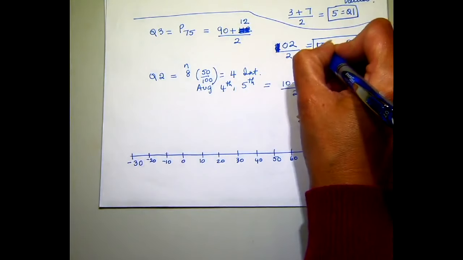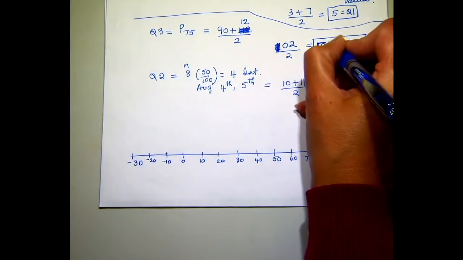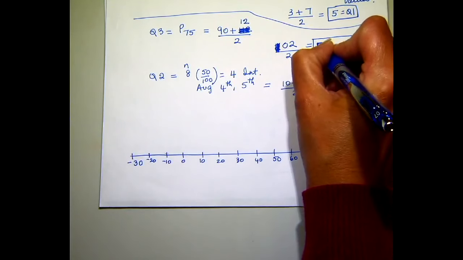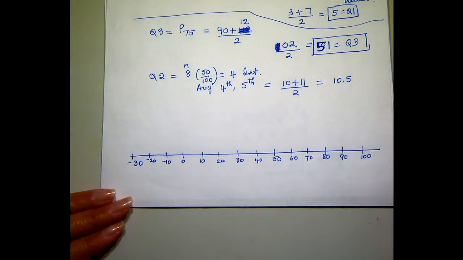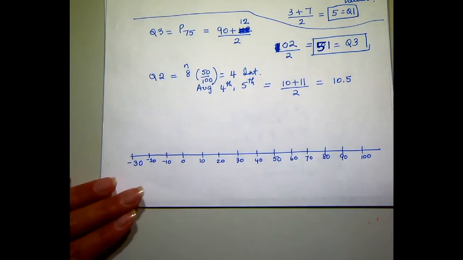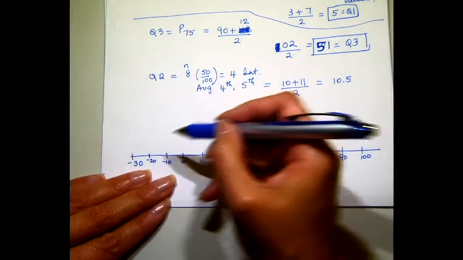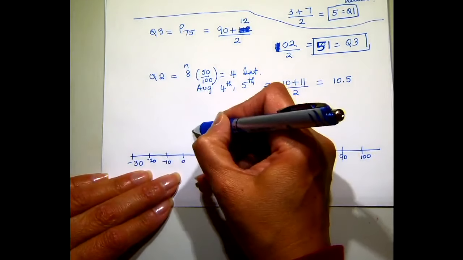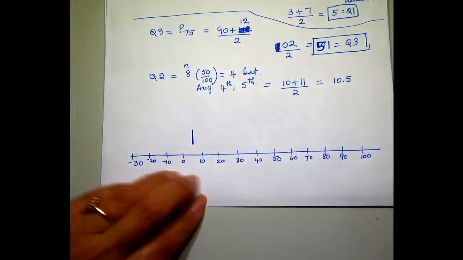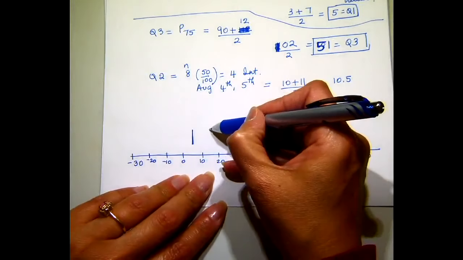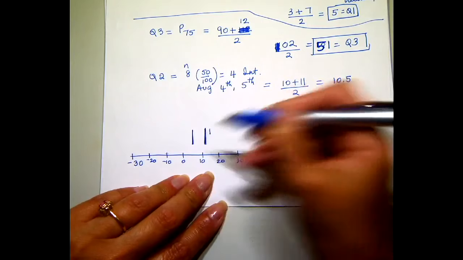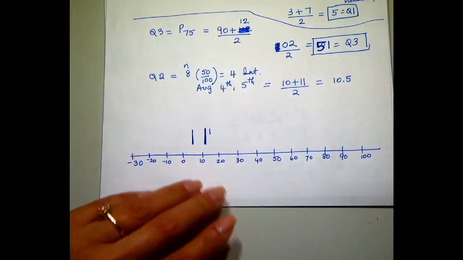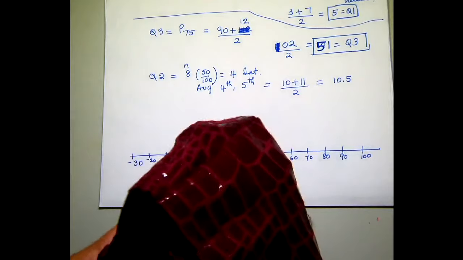Thank you. So Q1 is 5. Thanks a lot. Q1 is 5. Q2 is 10.5. And Q3 is 51.